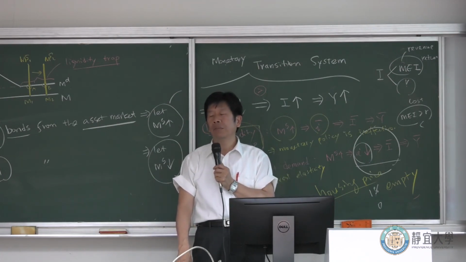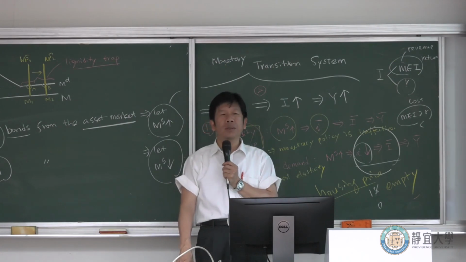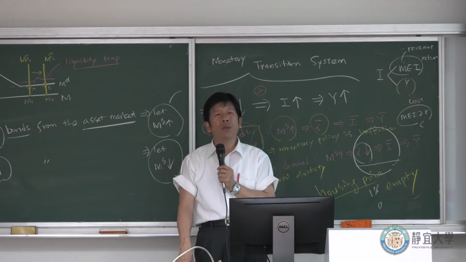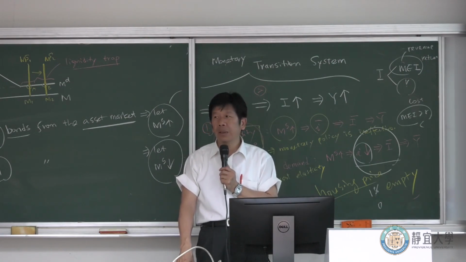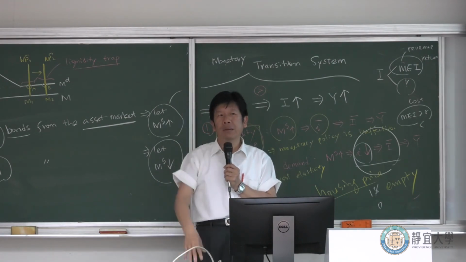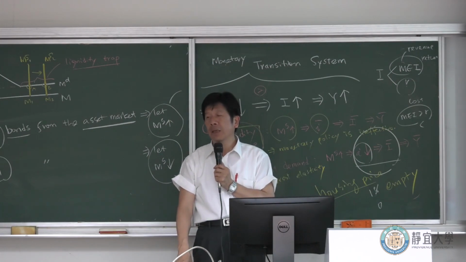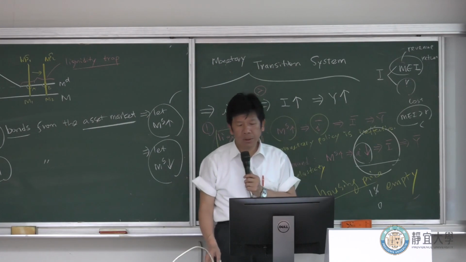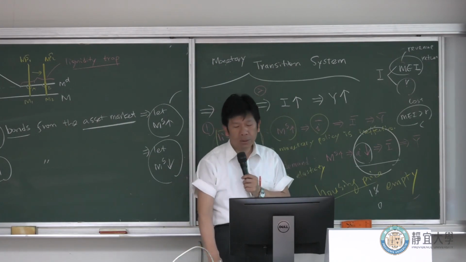But the producers who produce the housing don't like to sell cheaply, so they just leave it there. Nobody uses it. Actually, this is the typical situation between the buyer and the seller.